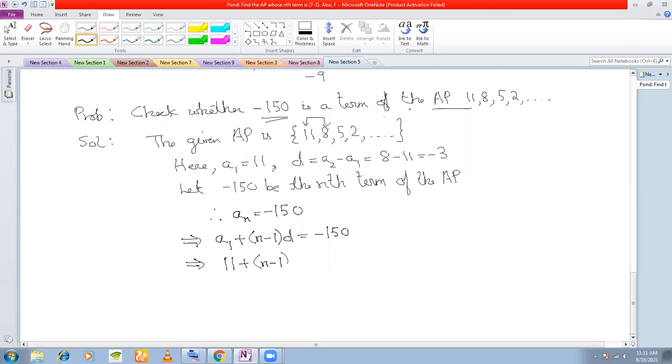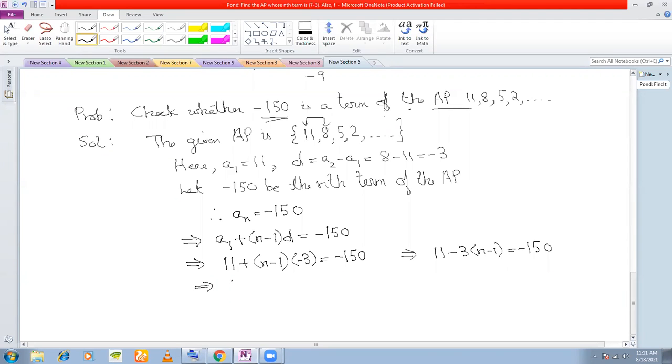We don't know the value of n, right? We want to check whether minus 150 is in this set or not. That is why n is unknown. And the common difference here is minus 3, minus 150. That means 11 minus 3 times n minus 1 is equal to minus 150.